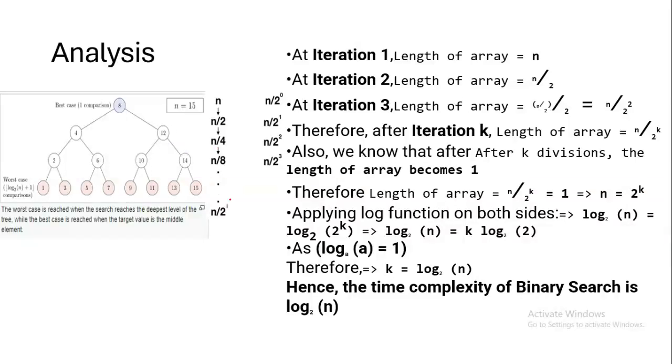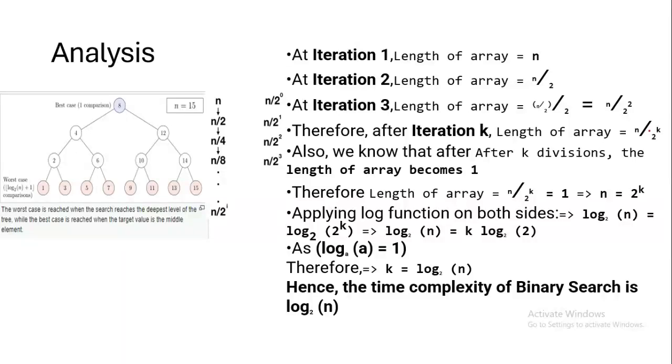Likewise, after a certain number of iterations, we get the size of the array as 1. Consider that after the kth iteration, we get the size of the sub array as 1. So the length of the array is equal to n divided by 2 raised to k.